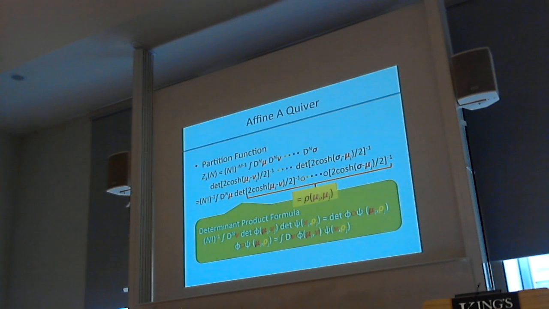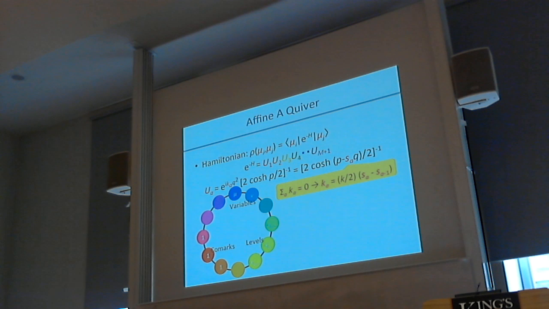This is nothing but the Fermi-gas expression. We can further rewrite the density matrix in terms of a Hamiltonian. Then the Hamiltonian is given like this. If you do a similarity transformation, then S is defined from this relation. This is the relation for the affine A quiver.